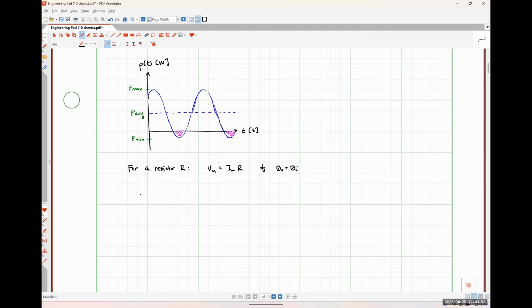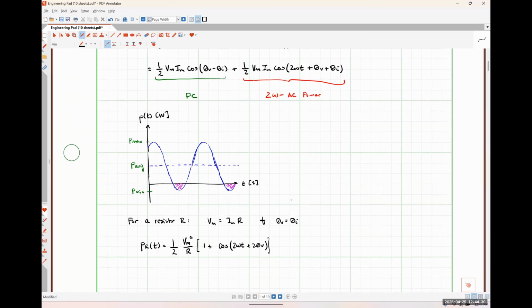So I could say that the instantaneous power absorbed by a resistor would actually wind up being 1/2 the magnitude of my voltage squared divided by R times a factor of 1 plus cosine of twice omega t plus twice theta v, okay? Where I'm doing nothing but substituting in those relationships into this expression that I have up here.